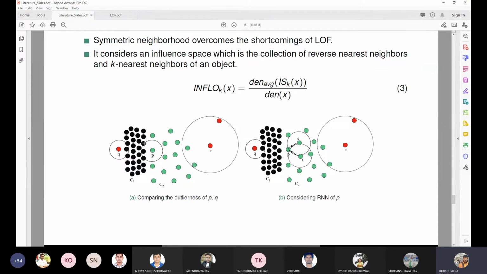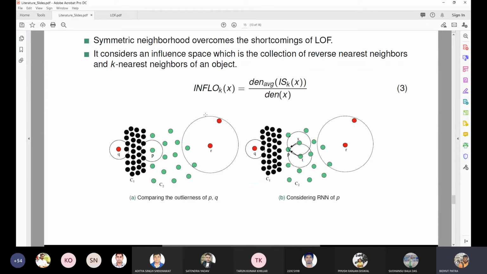LRD of this point means its k nearest neighbors, which will come from here, with the distance from here. Therefore it will influence this density, so this point will be considered with respect to this heavily dense point. Therefore P will be treated as an outlier, but actually P is an inlier, it belongs to a different cluster. So that will not be captured by LOF.